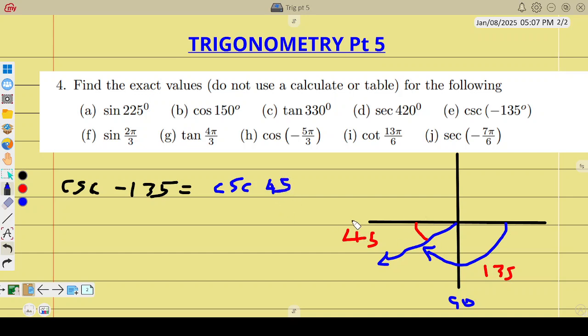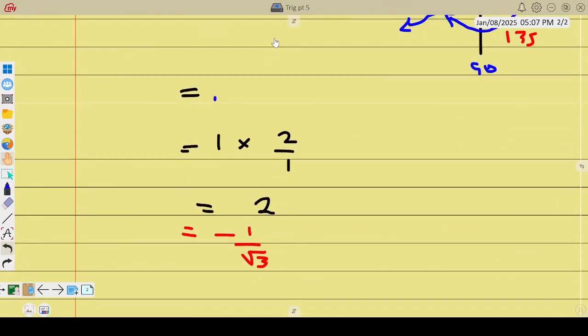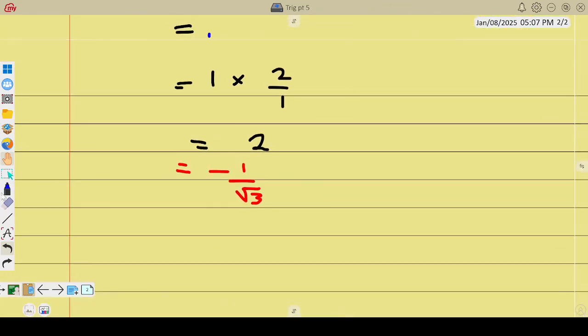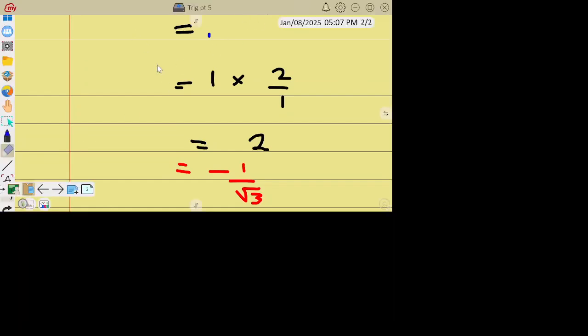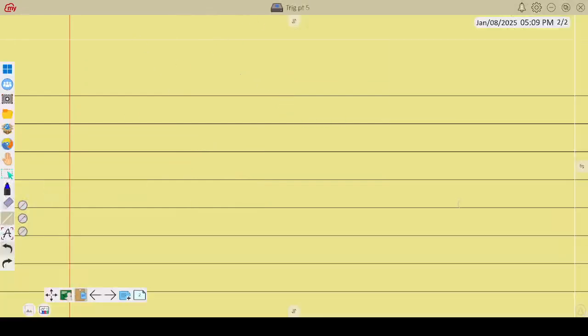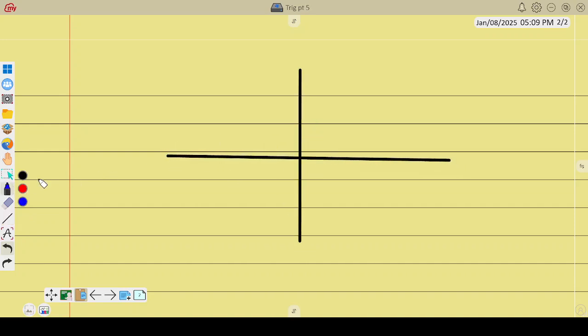Then we also have to determine the sign. What is the sign of cosec here? I think for this one I should use a blank page to explain this point. You remember what we discussed.